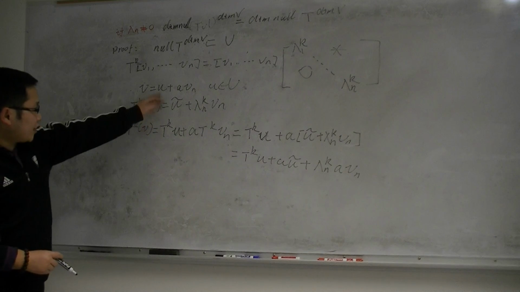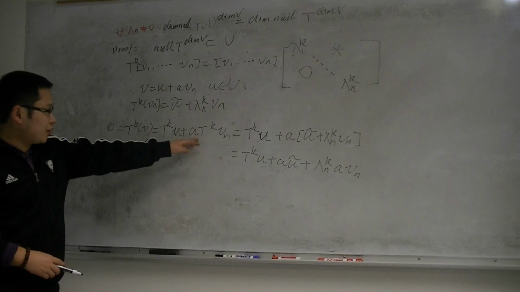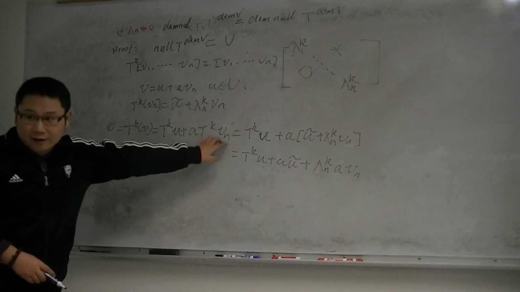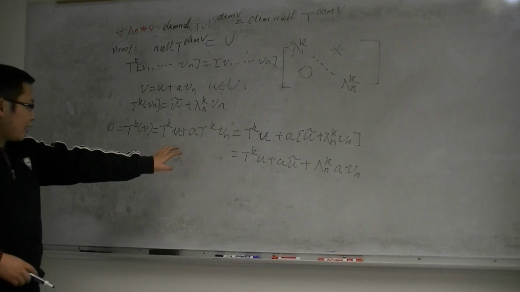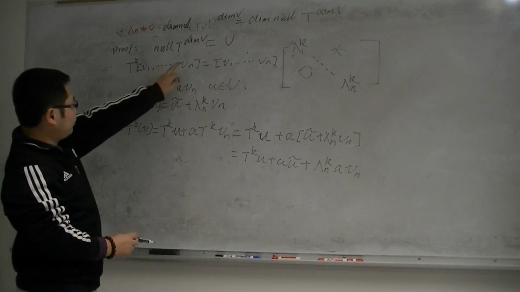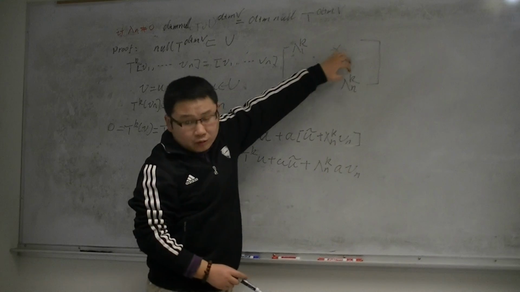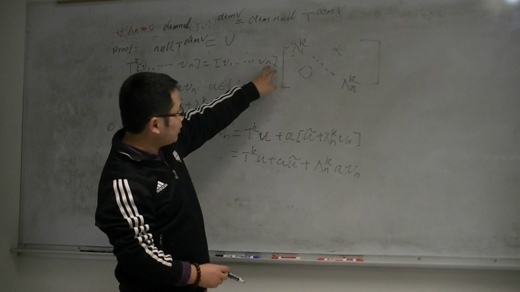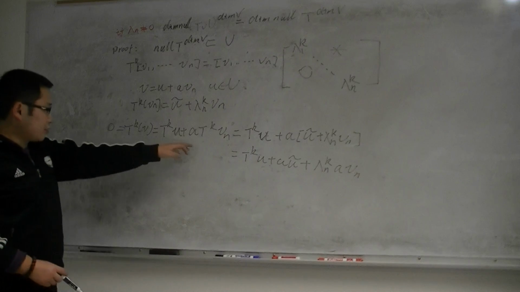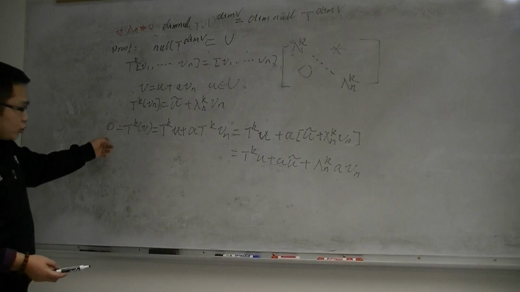Because T^k is also a linear operator, we can draw out the A and U from this one to this one. Also from these forms we have T^k V_n equal to this scalar multiplied by this one. This belongs to U, and plus V_n multiplied by lambda_n^k, so it has these forms because it is equal to 0.